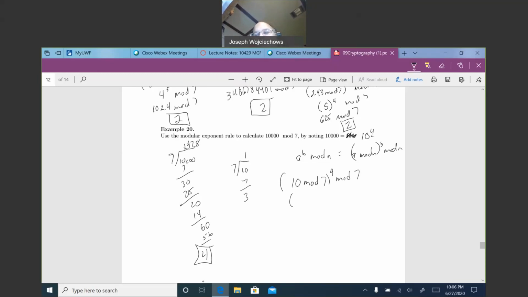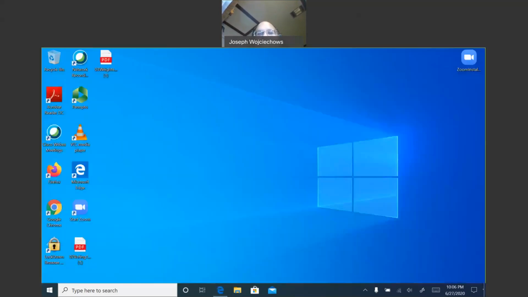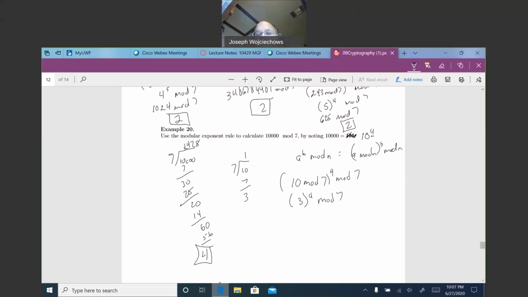So this is 3 to the 4th mod 7. Again, we could do this using the formula, but I did the math.